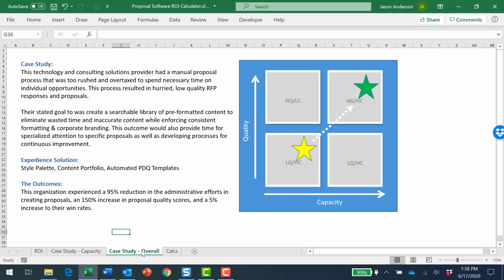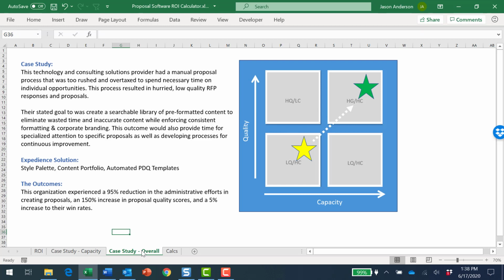So initially they set their goal out just to have searchable content, a library of formatted answers, to eliminate time that they were wasting in finding content and eliminate the challenges they were having when it came to enforcing branding standards, etc. So they deployed our solution, and when they did so, they found a lot of impacts.